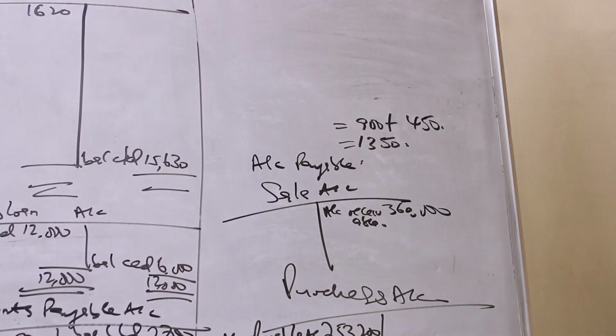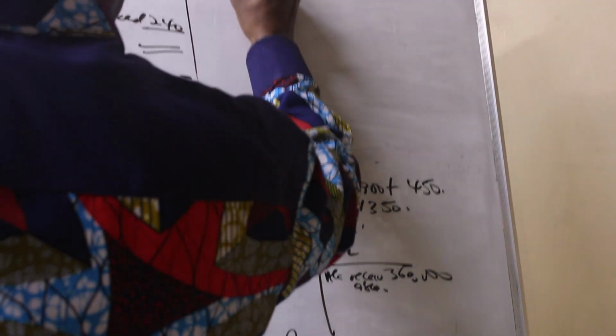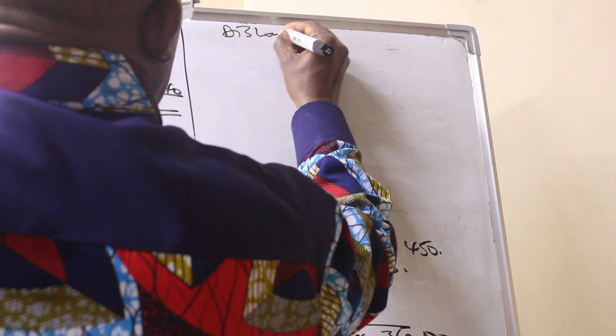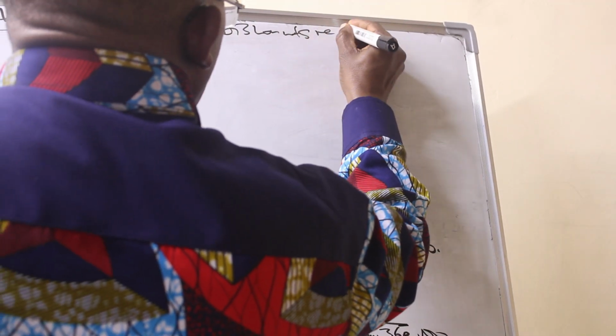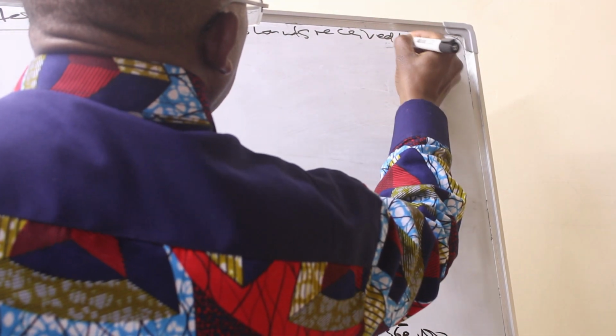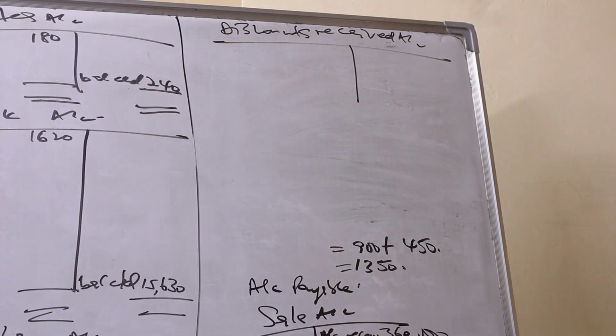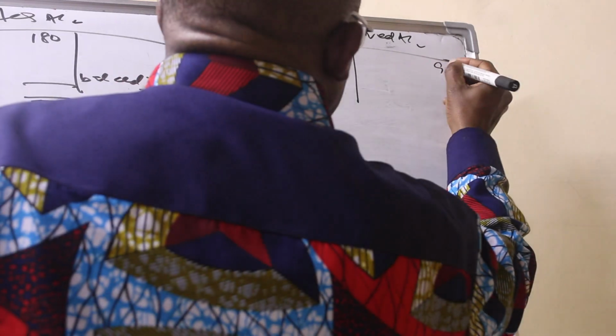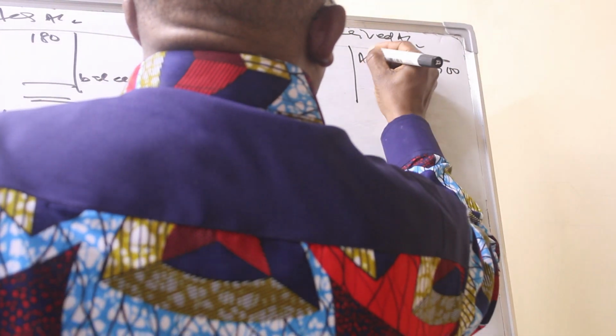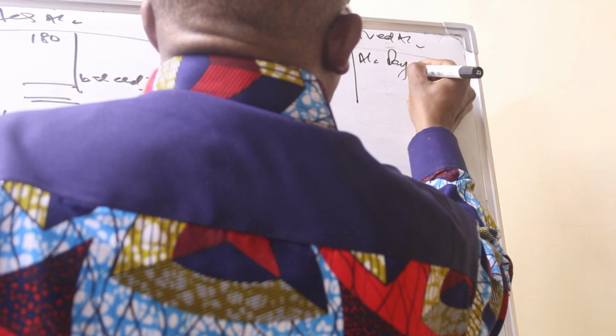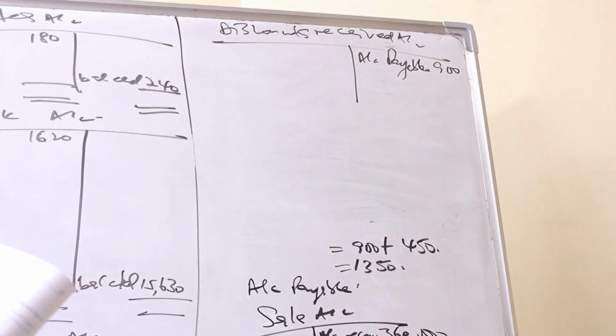It's an income account, and you are already remembering what to do in your income statement, that this is other income. And this is from accounts payable.